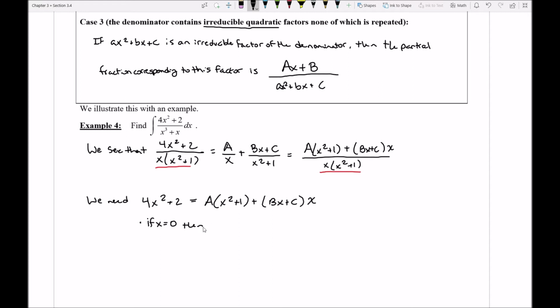So if x was equal to a 0, then notice I'm really just going to get 2 is equal to 1a over here, and boom, I would have immediately found a value of a. But notice that after this is done, are there any other easy values of x that I could choose to maybe cancel out the a's, or cancel out the b's, or just the c's?